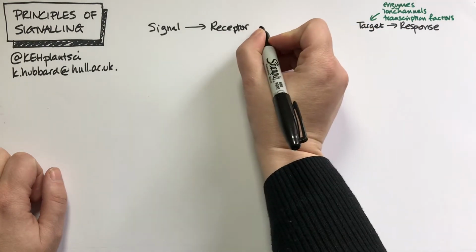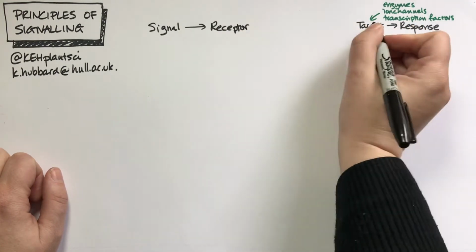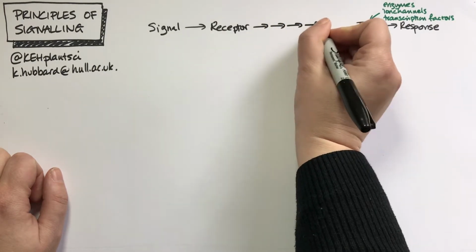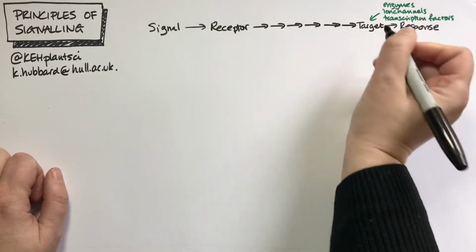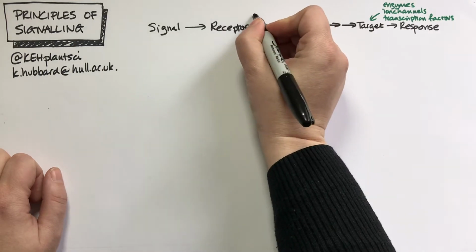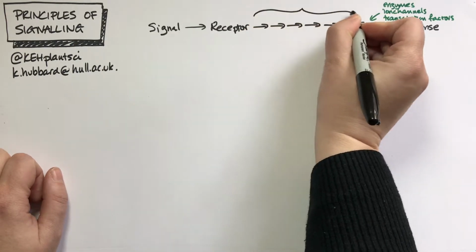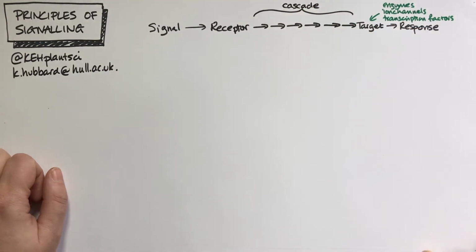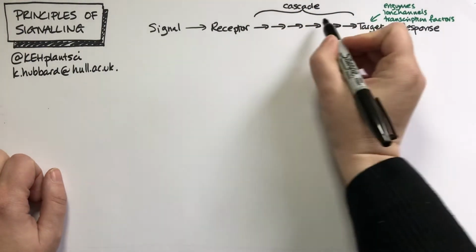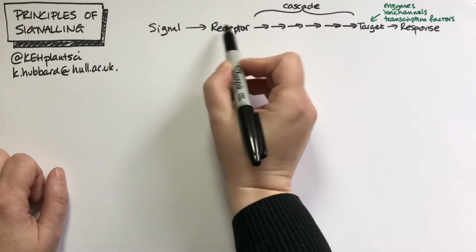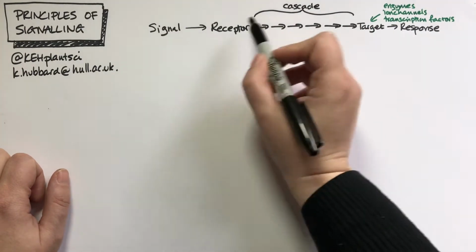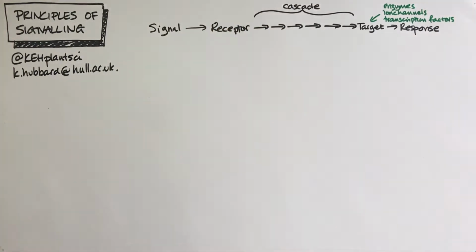Sometimes it might be just 1 or 2 steps, or it might be about 20 steps, which I'm just going to summarise by arrows. So that would be the cascade or the pathway. So we've got a series of different events that happen to connect the receptor to the target, and therefore we get the response. That's conceptually what we're talking about with a signalling pathway.